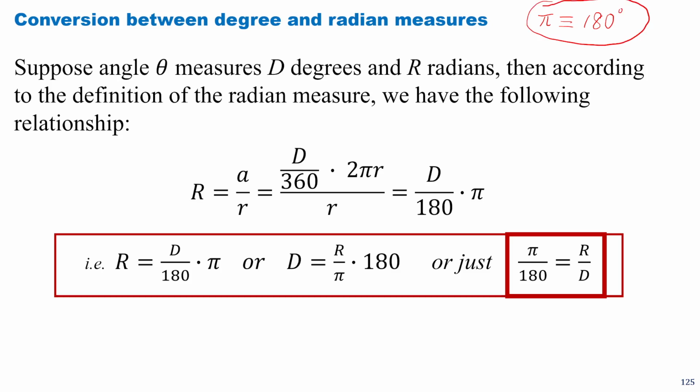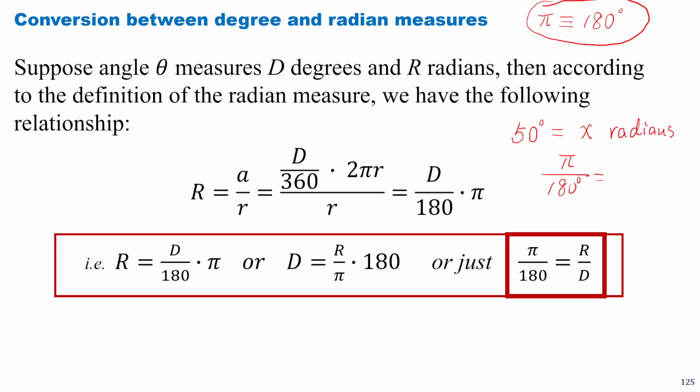For example, if I ask you, what is the radian measure of 50 degrees? Then you should use this, pi. Pi is 180 degrees, right? We don't know the radian measure of 50, so we can let 50 degrees equal x in radian measures, or x radians.